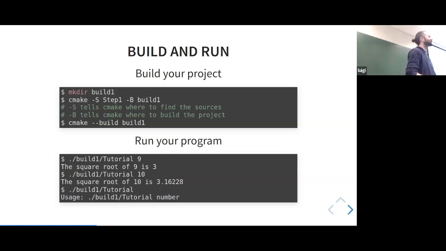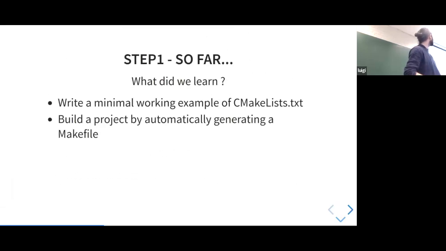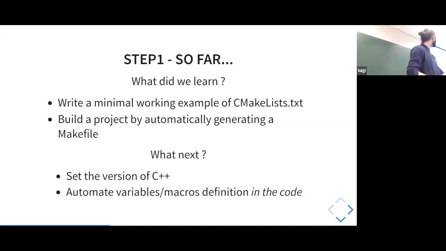So let's get to the more complicated things. So far we know that we need to write some file, something like a Makefile for Make, but here it's a CMakeLists.txt for CMake that configures CMake to give it all the information it needs to actually build your project, and then everything is taken care of by CMake itself.